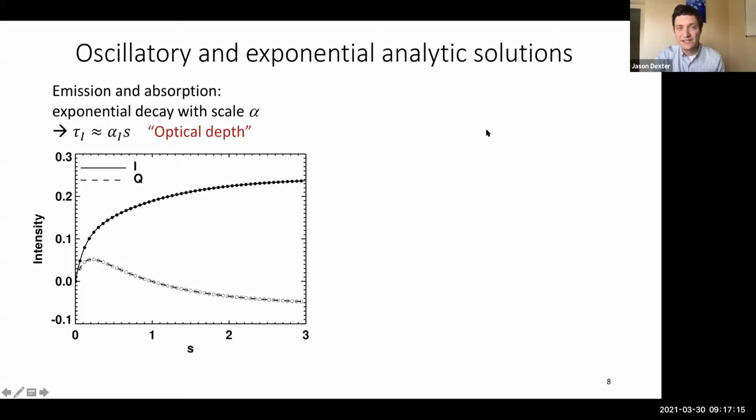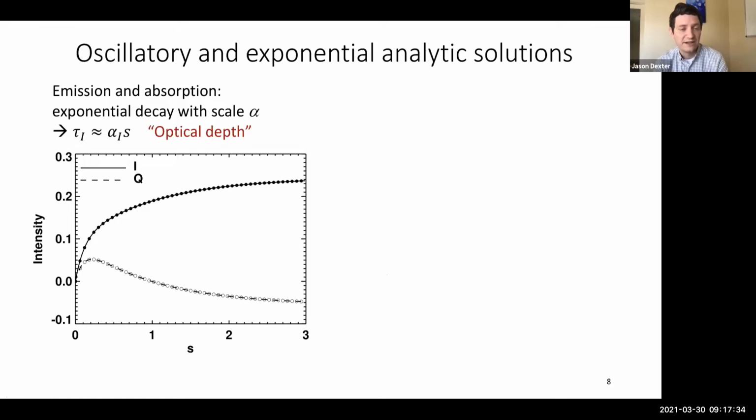Okay, so a couple examples, just to give you an idea of these. This may be familiar from radiative transfer. This is just pure absorption, a toy model example of Stokes I and Q. Q and U are related to linear polarization, while Stokes V is related to circular polarization.